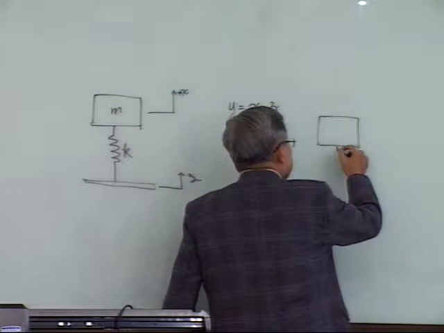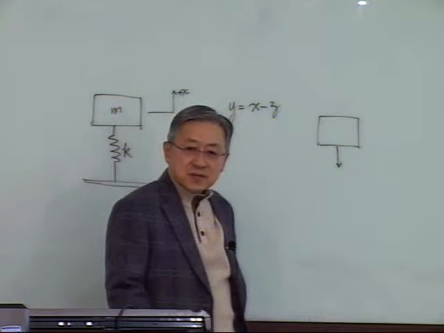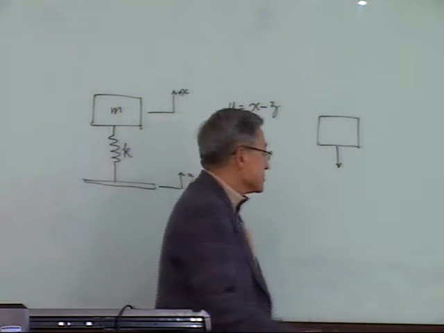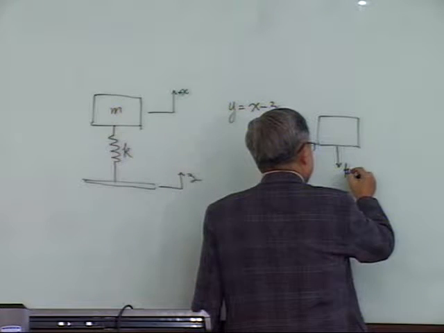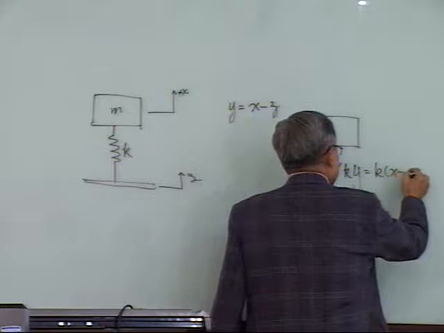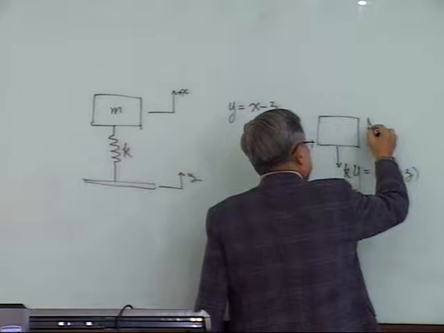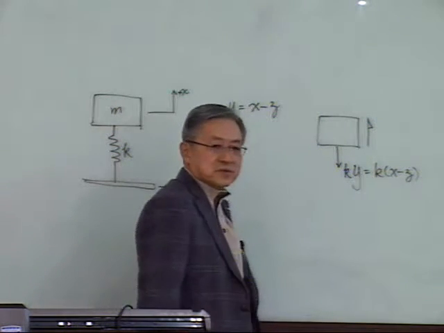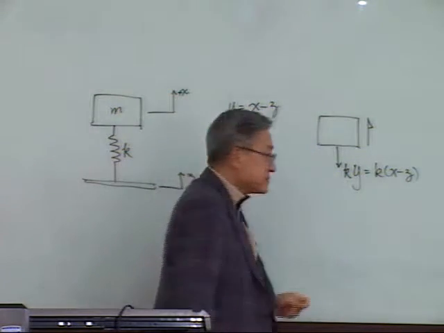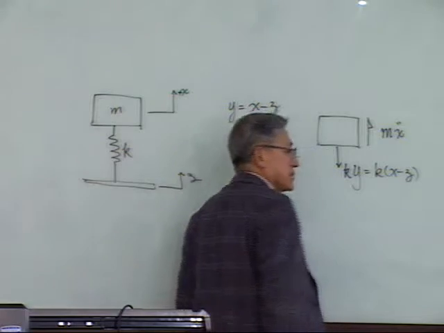So the relative displacement that the spring experiences is y, right? In the downward direction. So you have a spring constant times y, which is really k times x minus z, right? And I always put the inertial force in the direction of the positive x direction, which means the inertial force is mass times simply x double dot. Done.